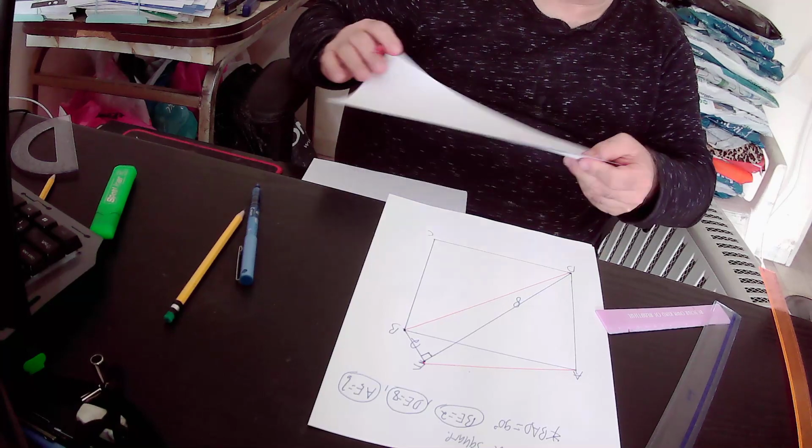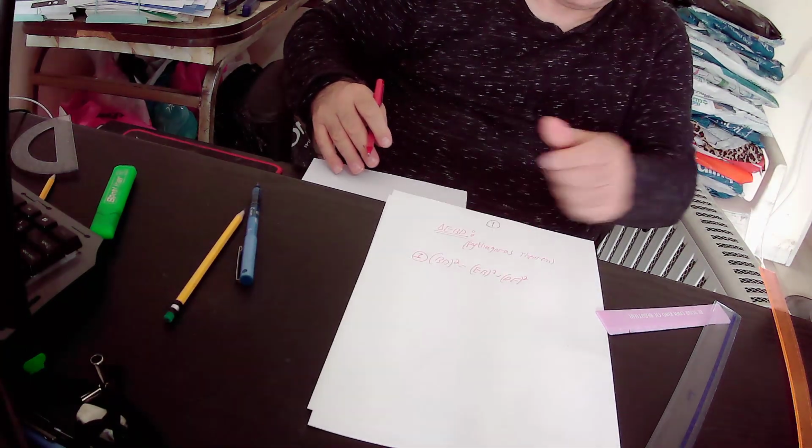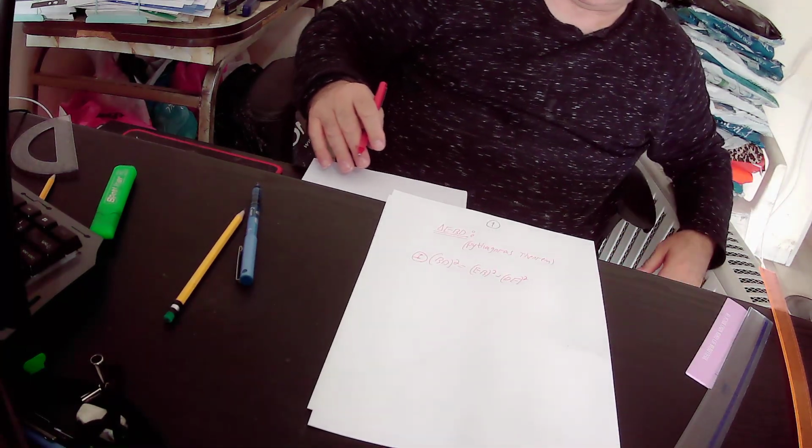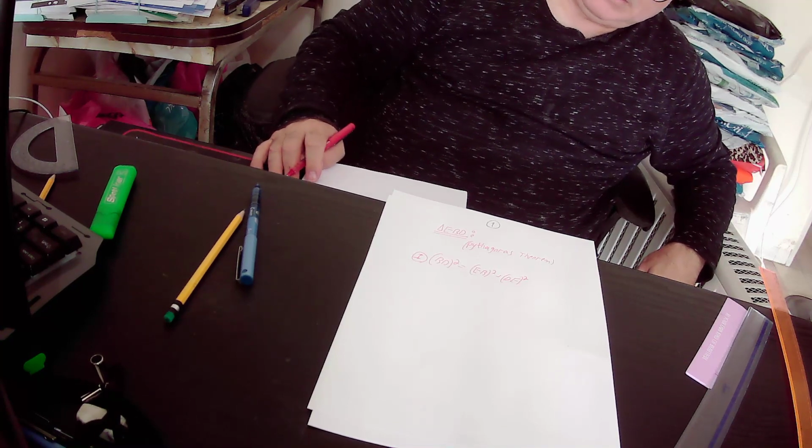I will repeat again. In the right triangle BED, according to the Pythagoras theorem, DB square equals EB square plus DE square.